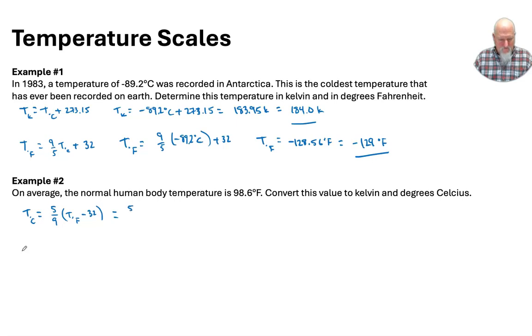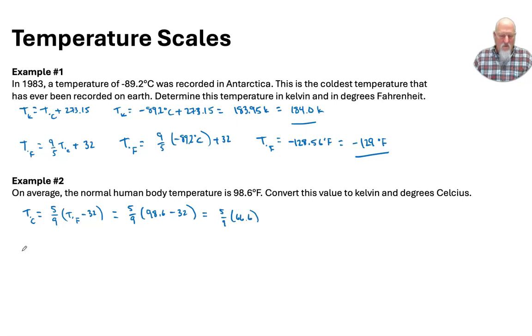So I'm going to get 5/9 times my temperature in Fahrenheit, which is 98.6 minus 32. If I do that calculation, 98.6 minus 32 is 66.6.